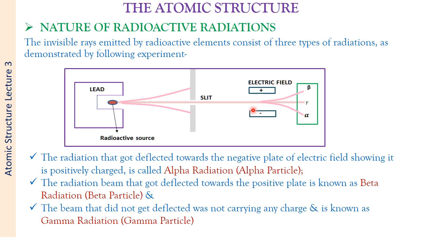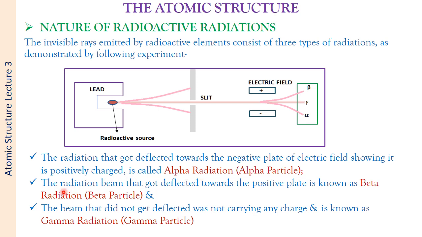And what the experiment showed was that this beam split up into three different types of radiations. The radiation that got deflected towards the negative plate of the electric field showed that it was positively charged, and is called the alpha radiation.